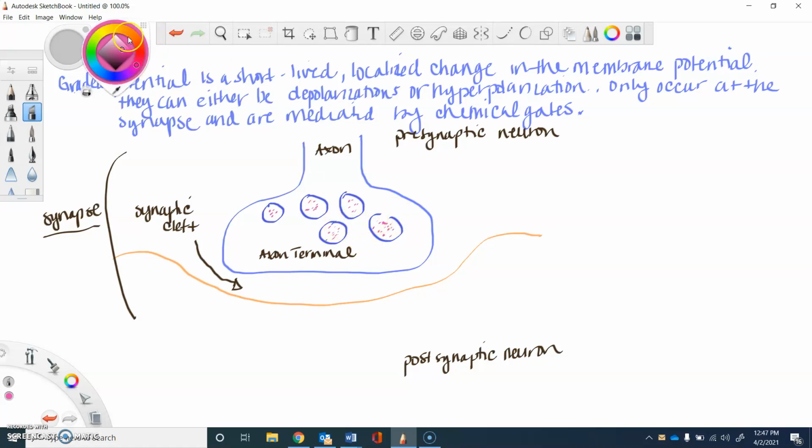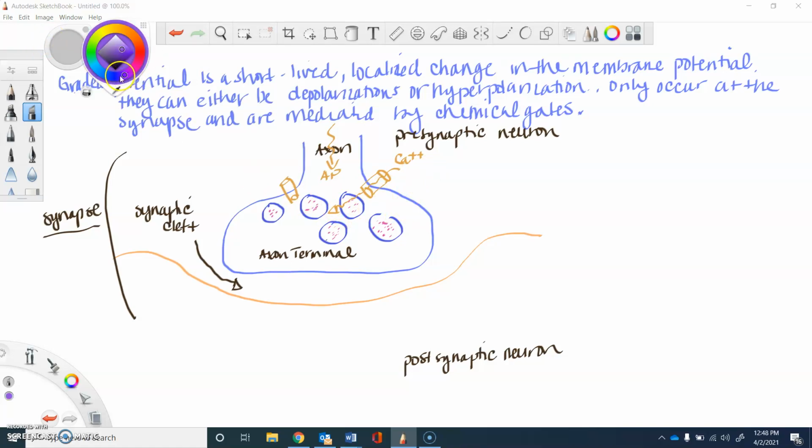You'll also find special voltage-gated channels at the axon terminal that are specific to calcium. And when an action potential comes down here, it's going to open those gates because they're voltage-gated. And when that happens, calcium is going to come into the terminal.